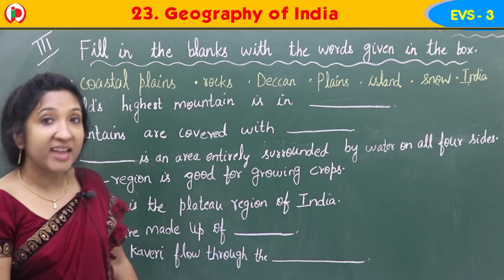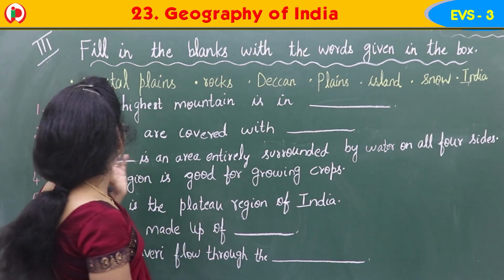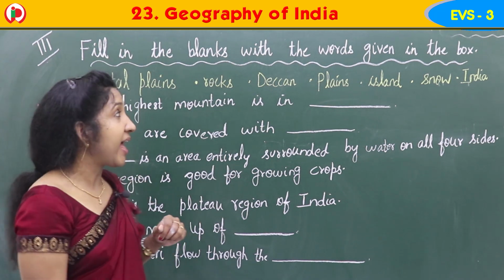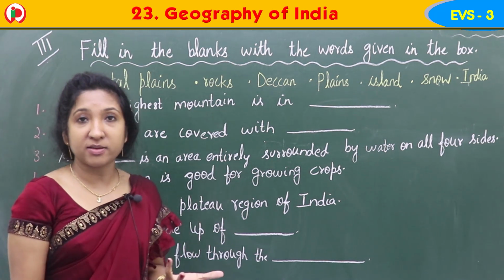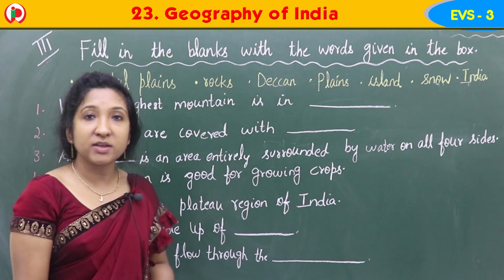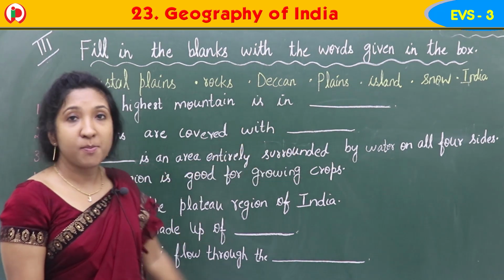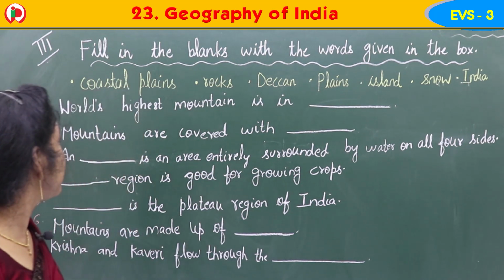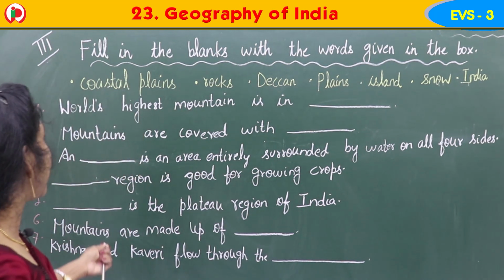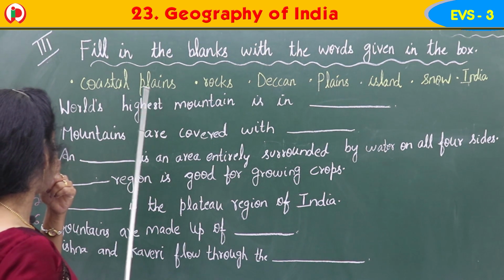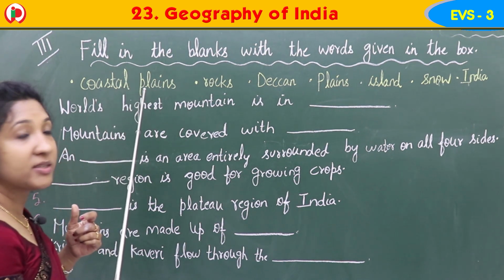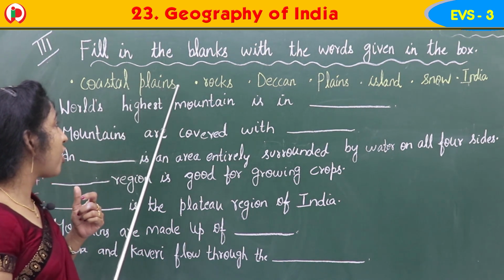Yes children, so our next exercise in the workbook, exercise 3, fill in the blanks with the words given in the box. So let us see which are the words given in the box. Coastal plains, C-O-A-S-T-A-L, P-L-A-I-N-S.